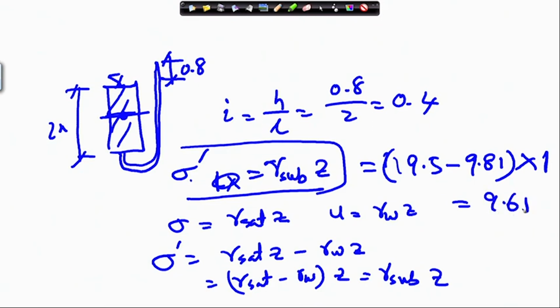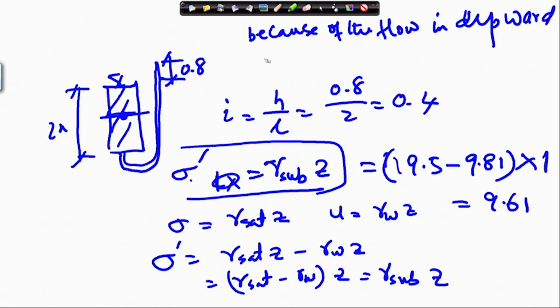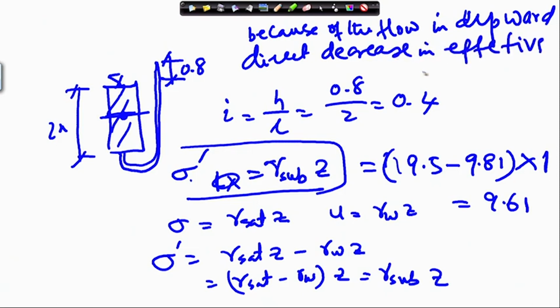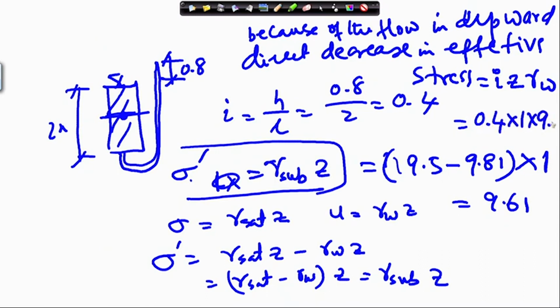That gives 9.69. And because of the flow in the upward direction, the decrease in effective stress will be equal to i into Z into gamma W. So, i Z gamma W will be how much? i is 0.4, Z is 1, into 9.81.